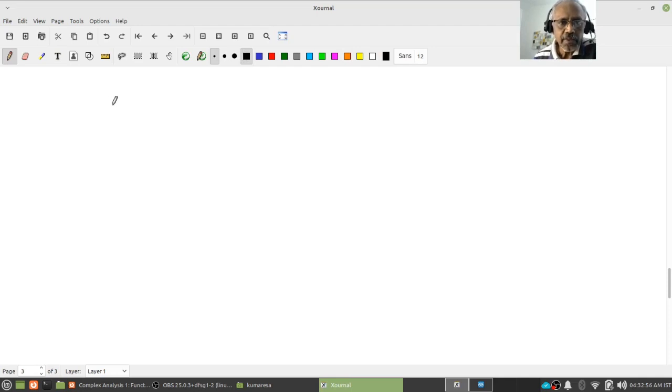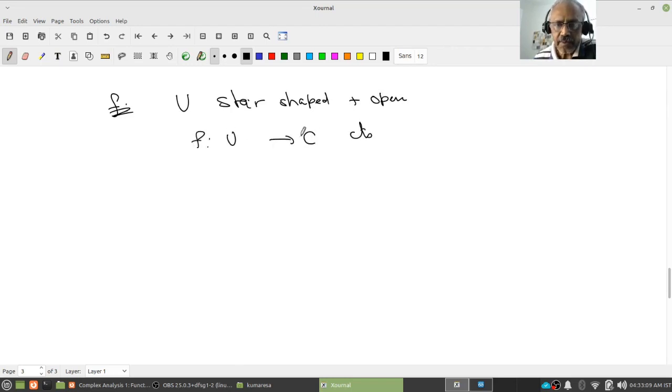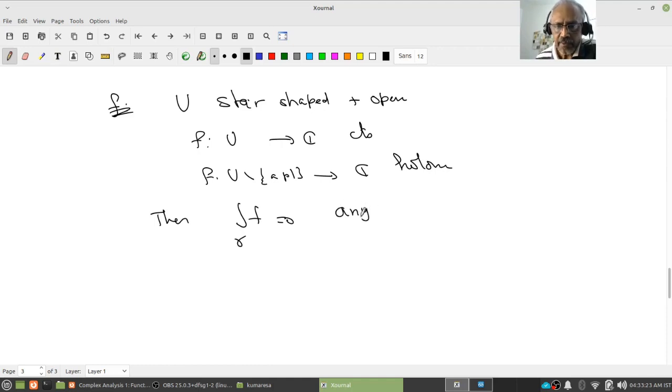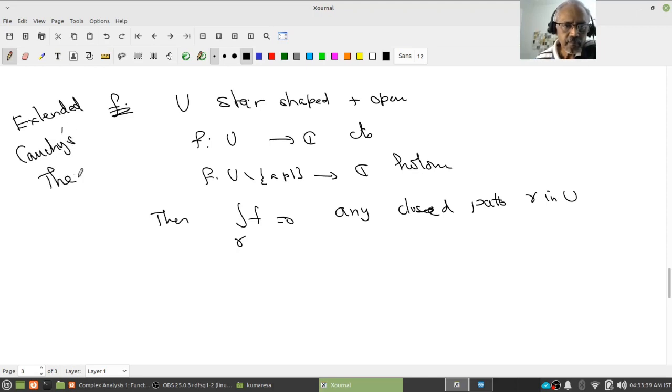We have proved: if U is star shaped and open, f from U to C is continuous, and f from U minus a point to C is holomorphic, then the integral of f over gamma is 0 for any closed path gamma in U. This is the extended Cauchy's theorem. This is what we have proved.